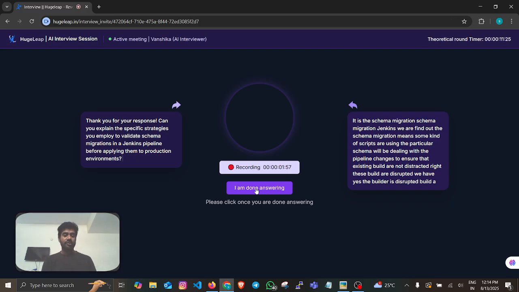Yes, the specific strategies I employ are for validating the schema, right? Specific strategies mean the pipelines. As per the project, we use Jenkins pipelines. We complete the build and deploy the infrastructure and the entire core packages.